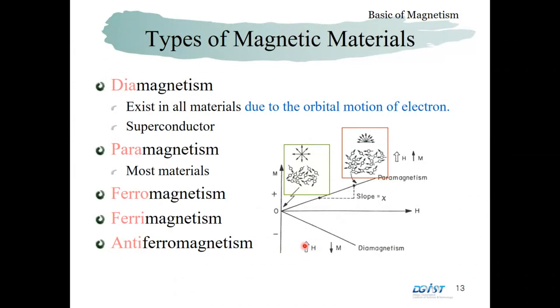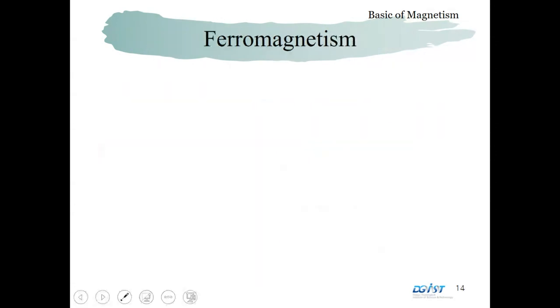So in this graph, we explain the diamagnetism and the paramagnetism. And what is the ferromagnetism in this sense? Ferromagnetism means even if we don't apply an external magnetic field, they still already have a certain amount of magnetic moment. That's called the spontaneous magnetization. And we will learn why that happens.